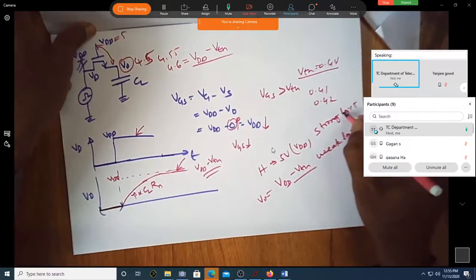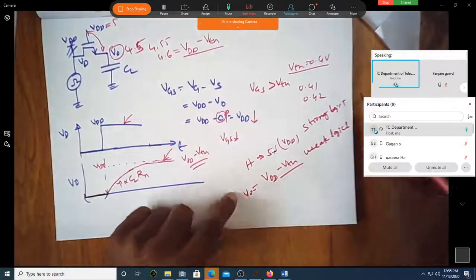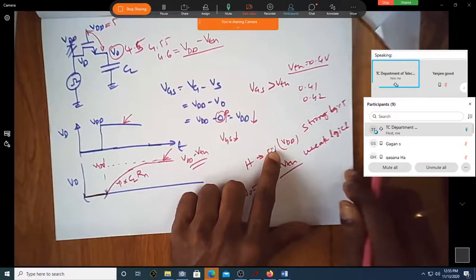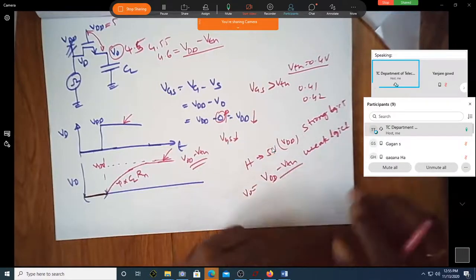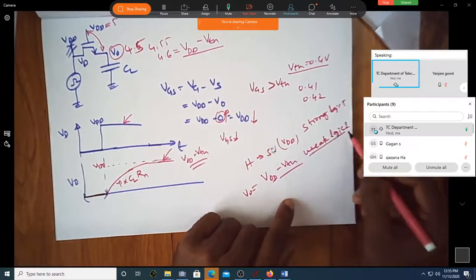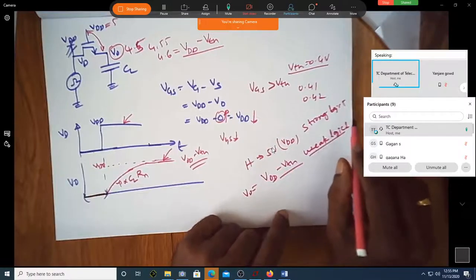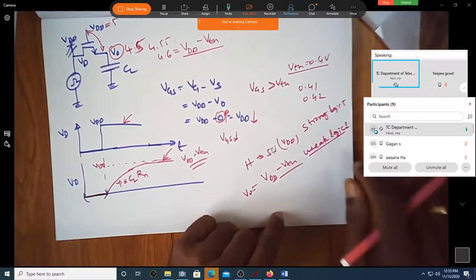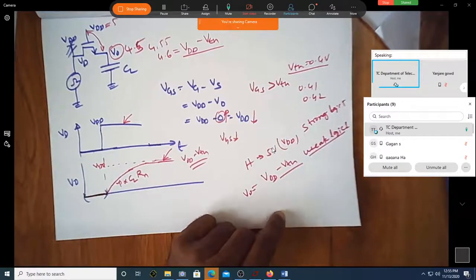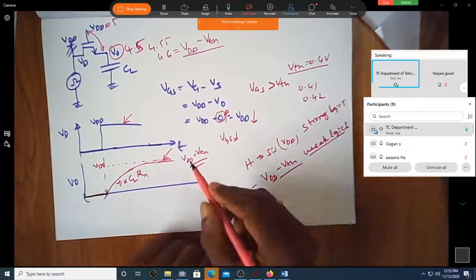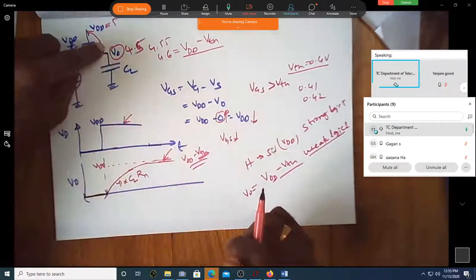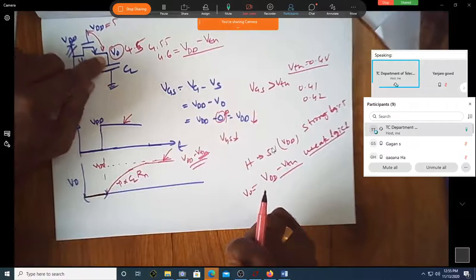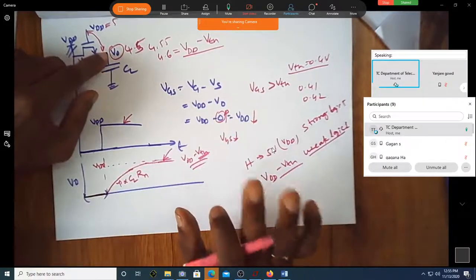Why is it called strong logic 1? Because the voltage can go up to VDD, that's why it is logically strong. Here it's a weak one. Why is it weak? Because the voltage is not exactly 5 volt, it is lesser than VDD by VTH. If V0 is equal to VDD minus VTH, I will call it a weak logic 1. Correct? The output voltage of this type of configuration will always be a weak 1.